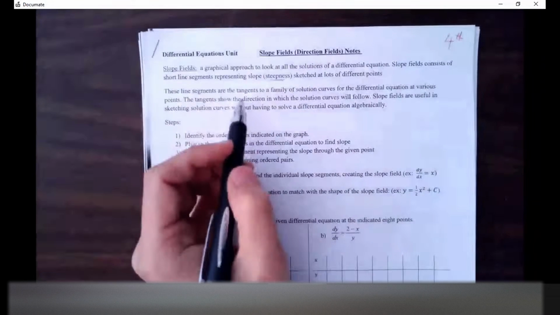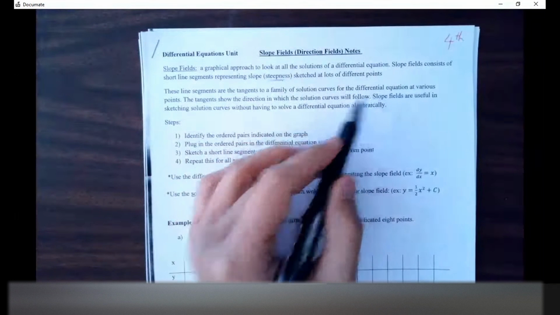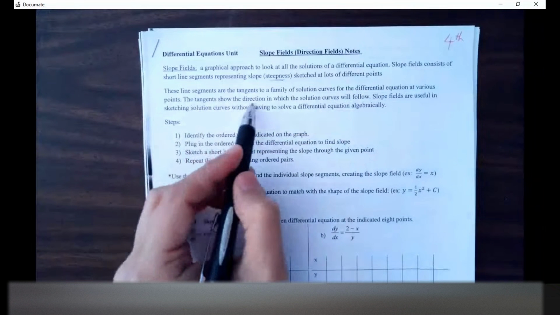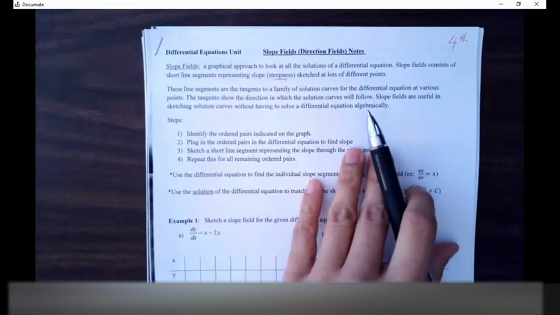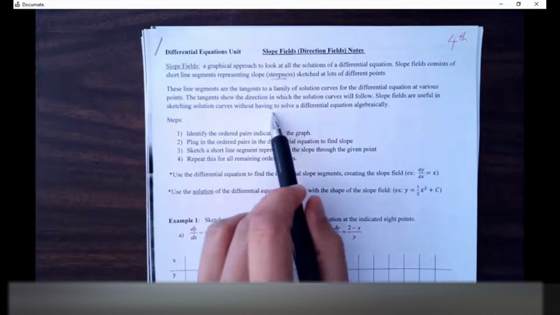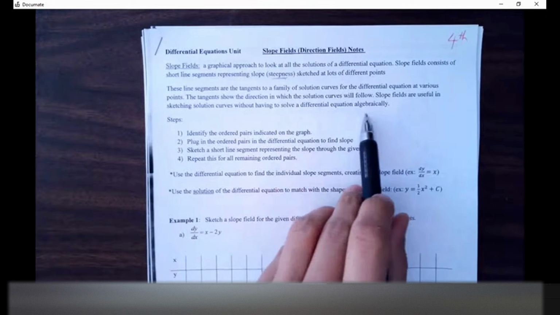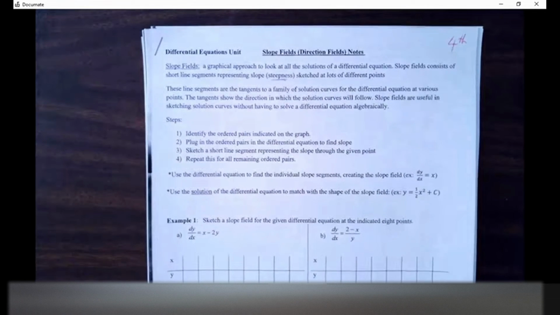These line segments are tangents to a family of solution curves for the differential equation at various points. The tangents show the direction in which the solution curves will follow. Slope fields are useful in sketching solution curves without having to solve a differential equation algebraically. So that's what ultimately is happening here. We've been solving differential equations, right?